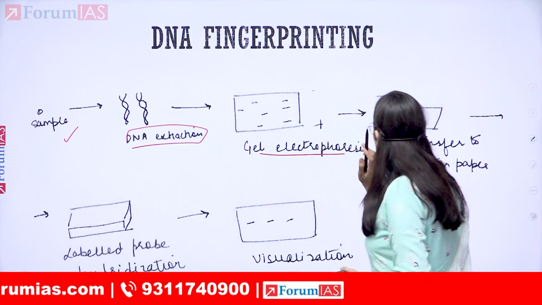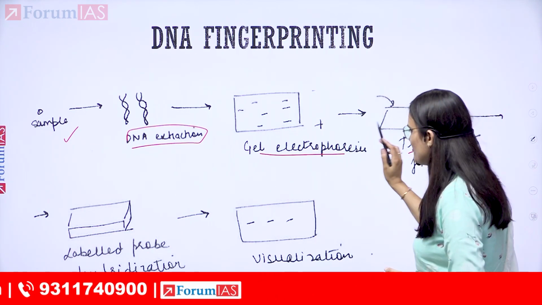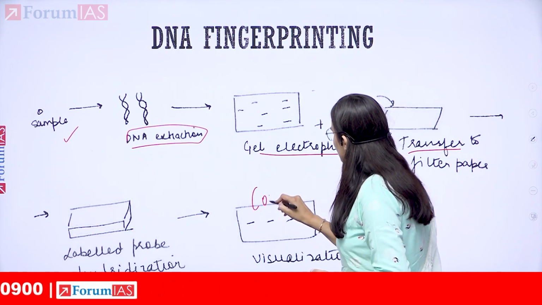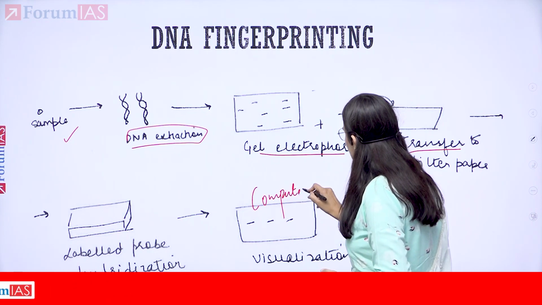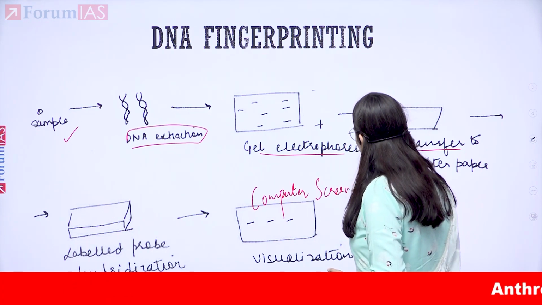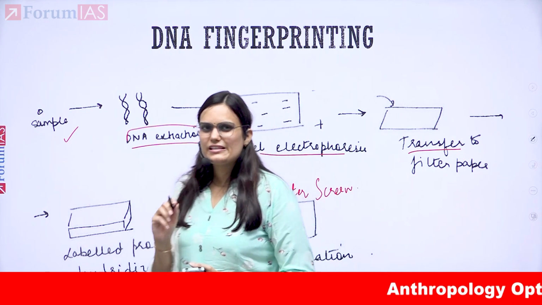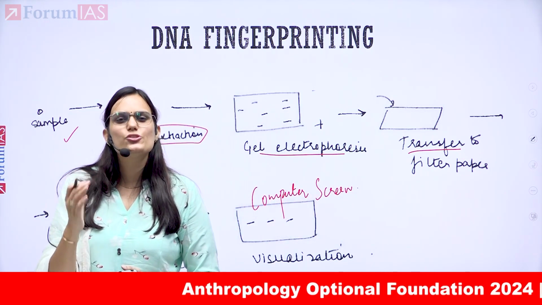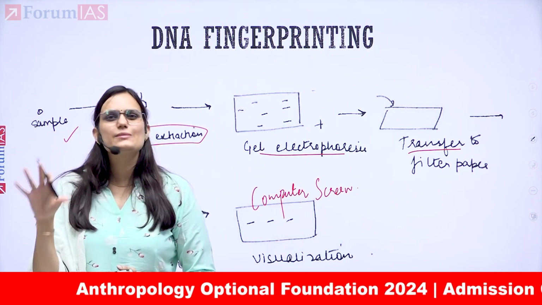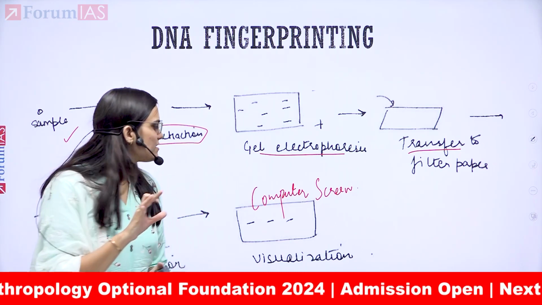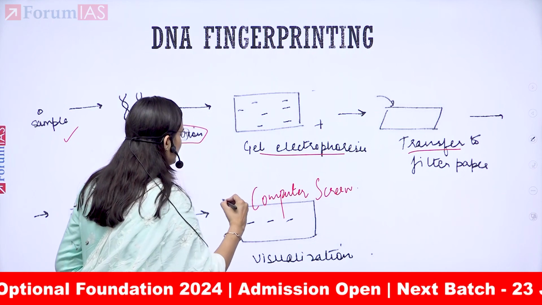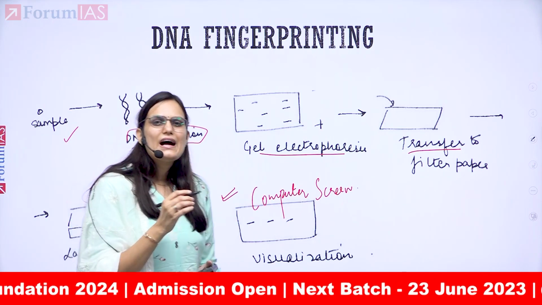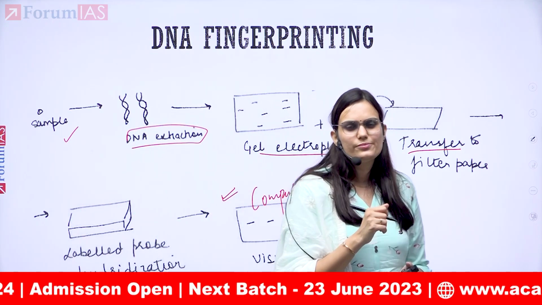You carry out gel electrophoresis, transfer to the filter paper, and observe it here on the computer screen. This is DNA fingerprinting in a miniature form, okay, to explain to you in a very simplistic form. On the basis of the results which I observe on the screen, I can identify the criminals also.